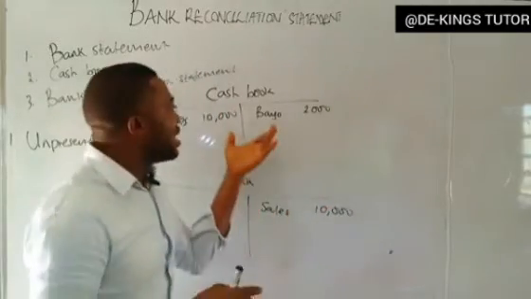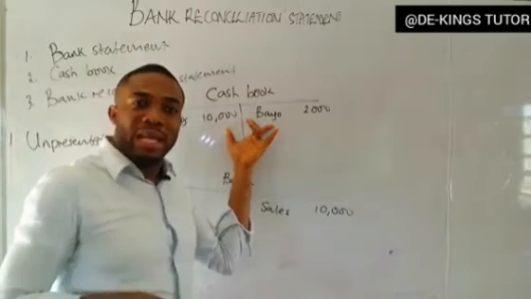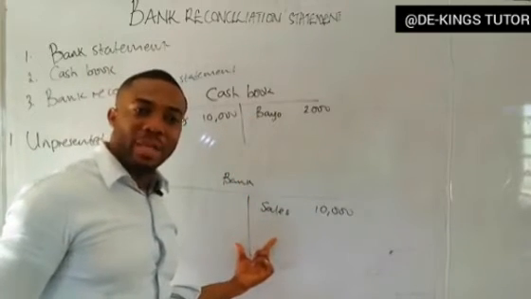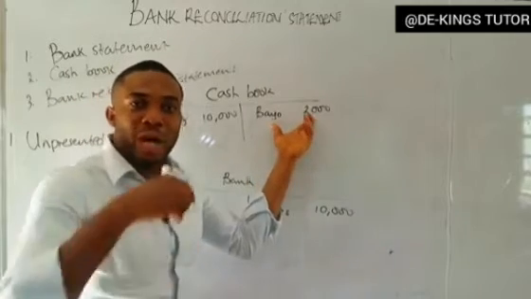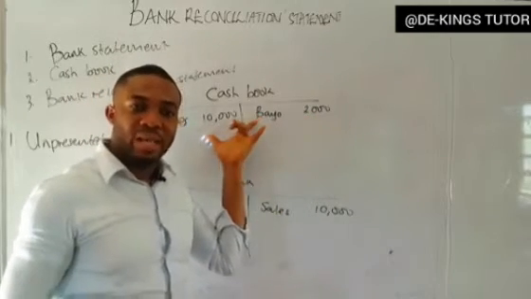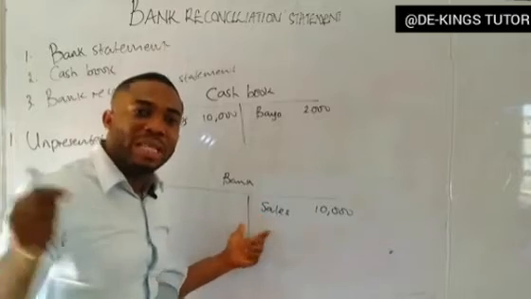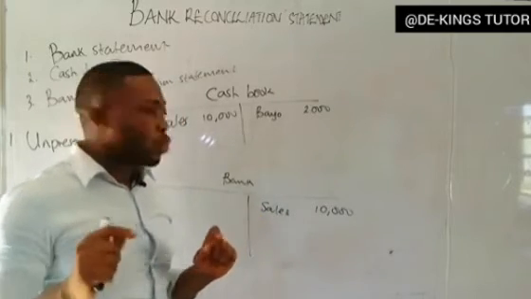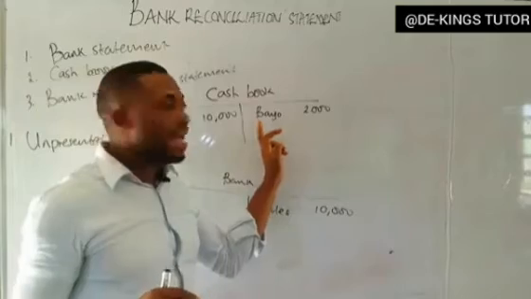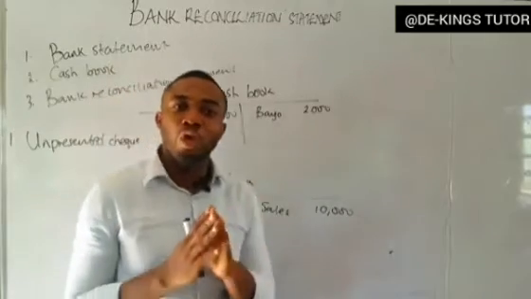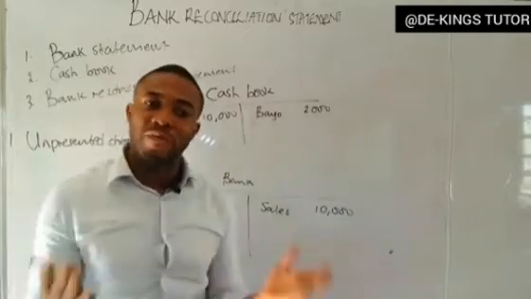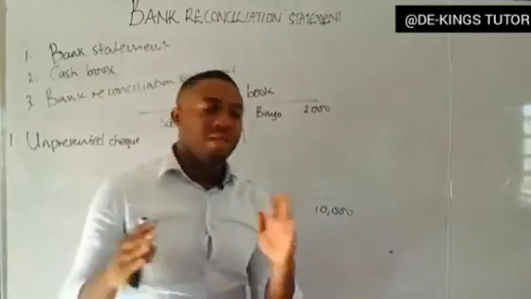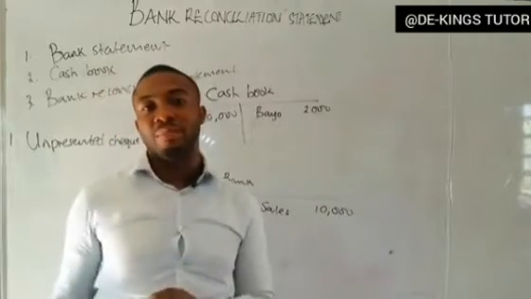So the cash book will show a lesser balance than the bank account. Why? Because once you are crediting that money, you are reducing it from your existing balance, but it has not reflected in the bank account. So the balance in the cash book will show a lesser balance than that of the bank. That's one of the reasons why there is a difference between the cash book and the bank statement.